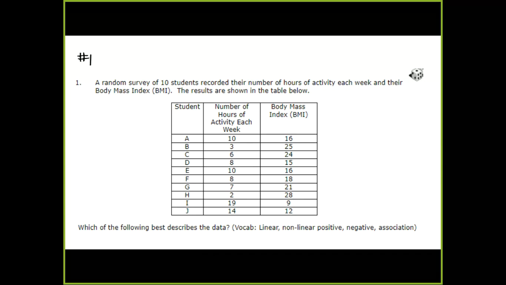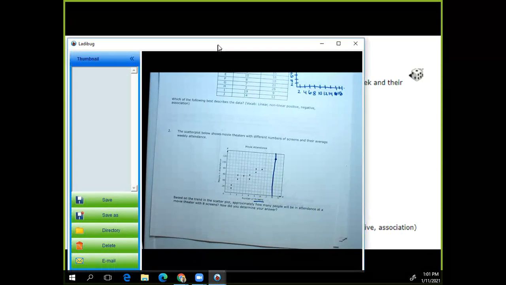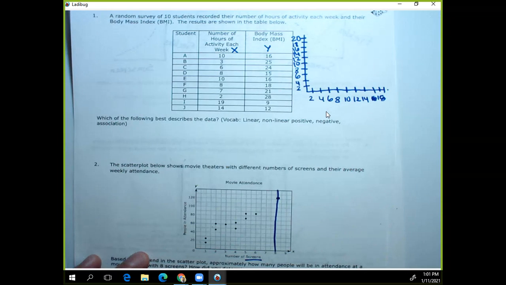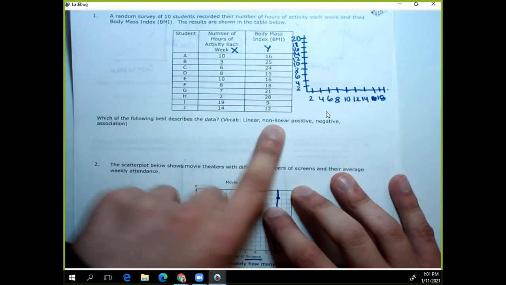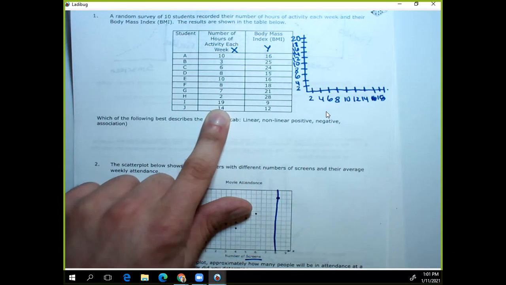So either on a different sheet of paper or, let me toggle screens real quick. Or on the side, you should have something that looks kind of similar like this. So notice I have this labeled as X and this labeled as Y. Typically the column that's on the left, that's your X axis.